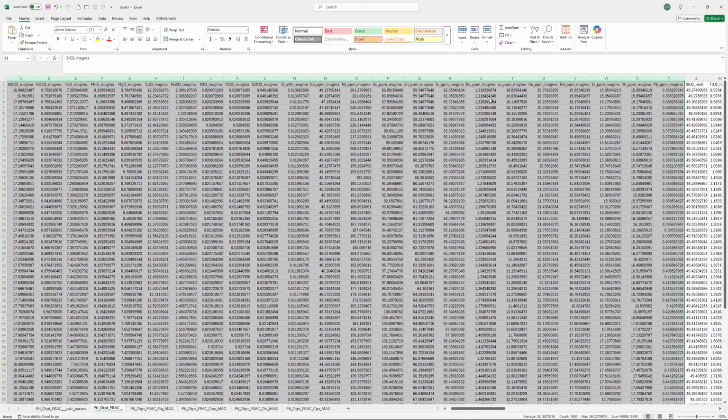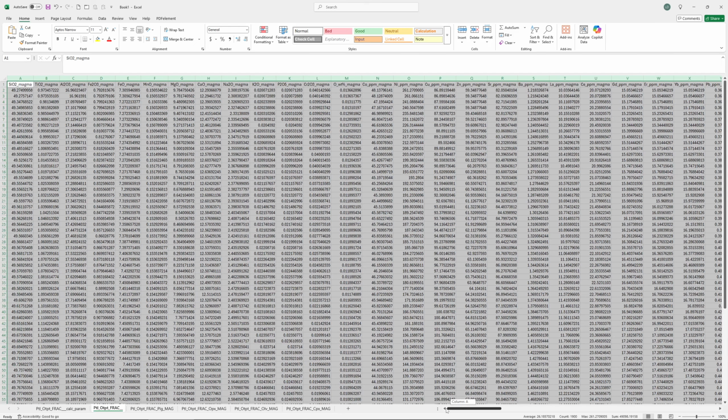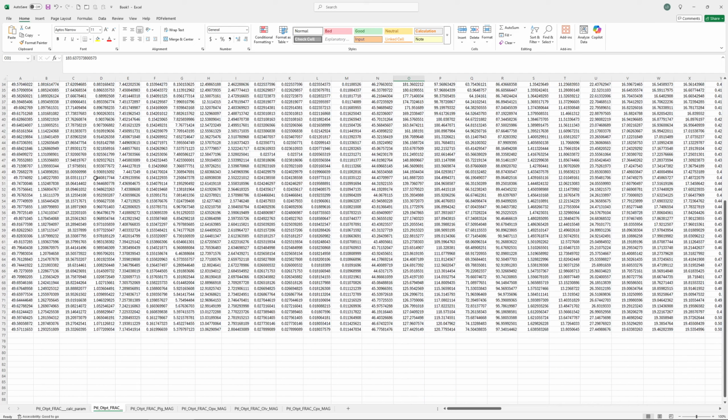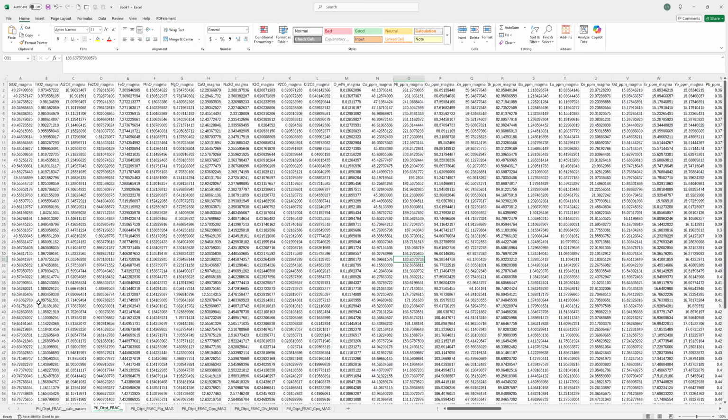Because now there are minerals in the magma, in addition to the melt, the composition of the magma is different to the composition of the melts. It's a sum of the composition of the melt and minerals. And just to remind you, every row in this file is an intermediate state of the system, and we requested that each 1% of crystallization is reported, and so at the end we have, in this case, 76 rows.